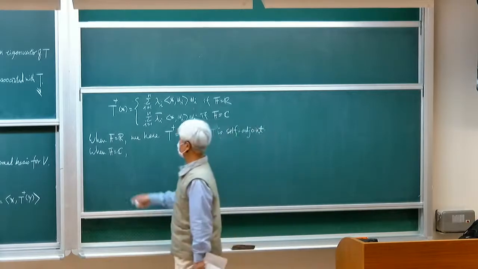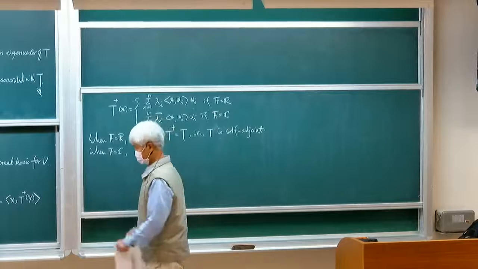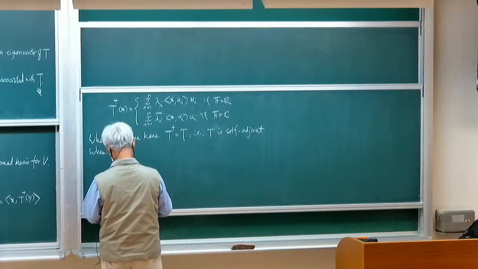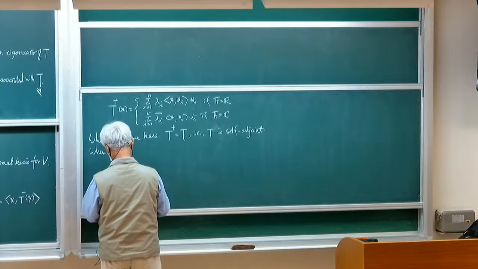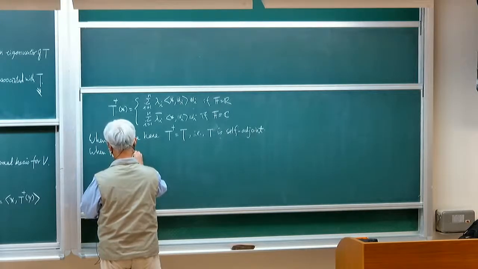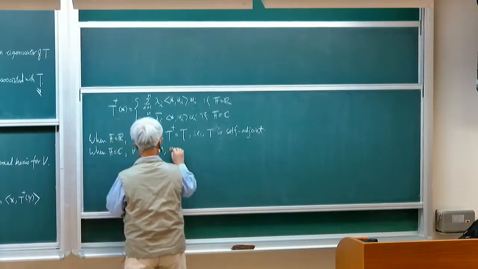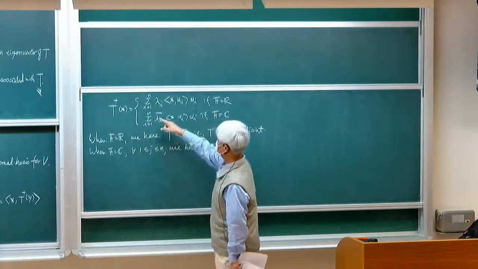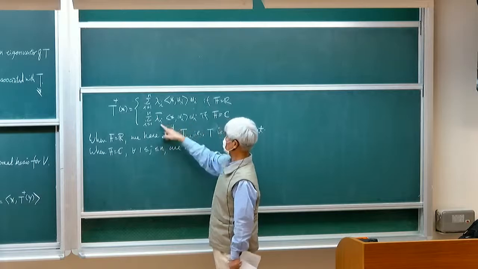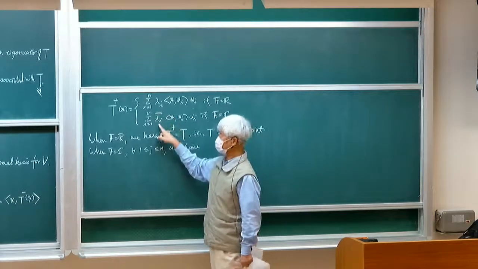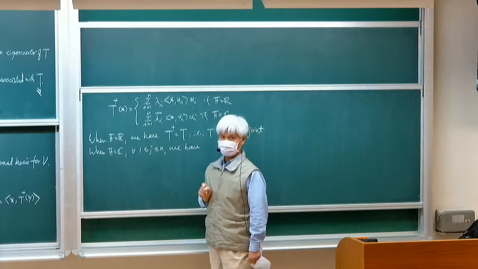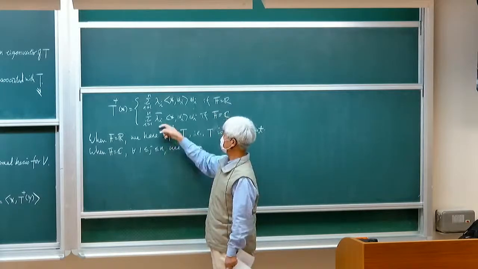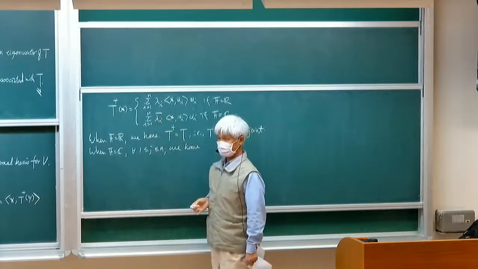Now, for the complex case, of course T dagger is not equal to T in general, because if the eigenvalue lambda_i is not real, for example complex, then the complex conjugate will be different.